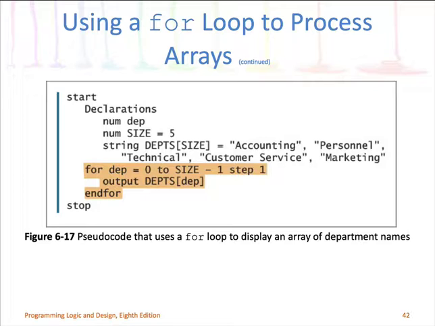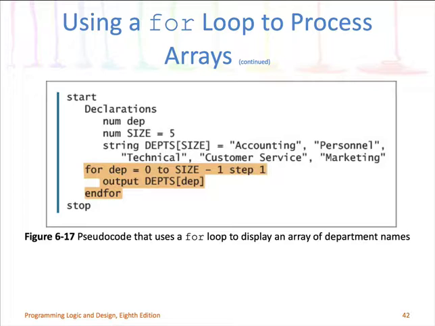And we want to go from 0 through size minus 1. And each time we hit the end for loop, we want to do step 1, which means increment it by 1. Actually, in most languages, you could omit the step if the step is 1, because that's the most common thing to do, is increment by 1.